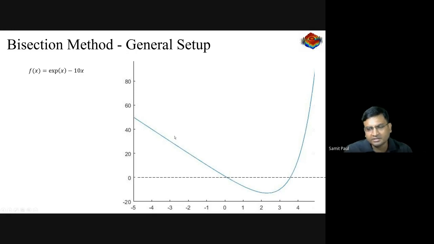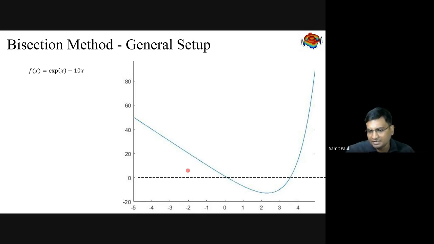In the bisection method, you need to guess the results, or in other words, you need to guess 2 points within which at least one root may fall.